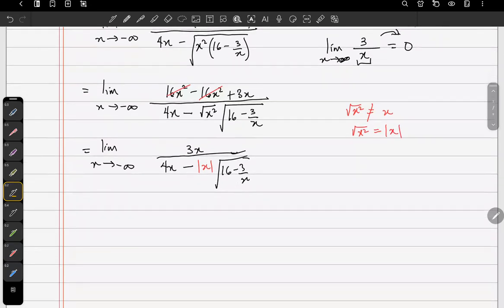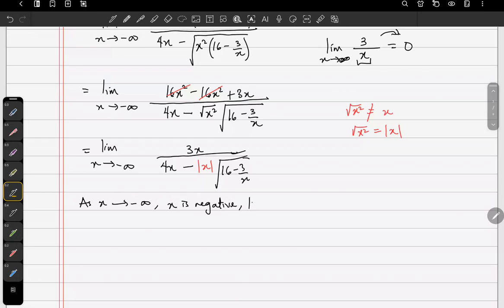Now, this is where it becomes interesting because it's different from the previous question. This time around, as x is approaching negative infinity, we know that x is negative. So there is no positive number in the neighborhood of negative infinity. All the numbers very close to negative infinity are negative.